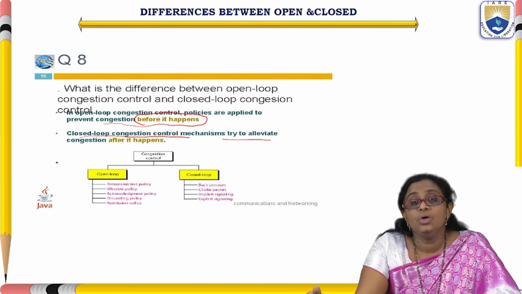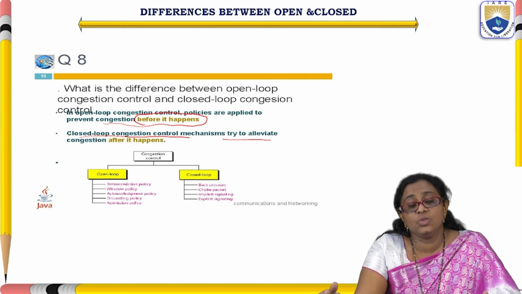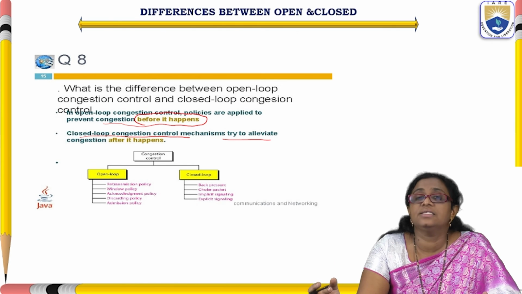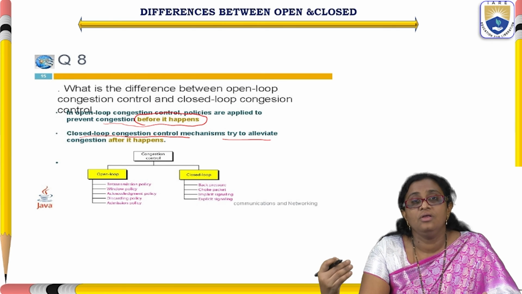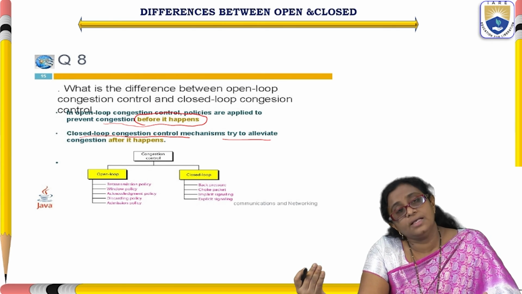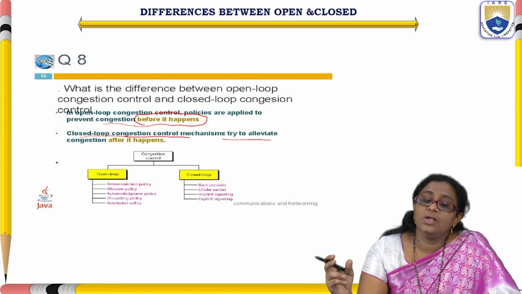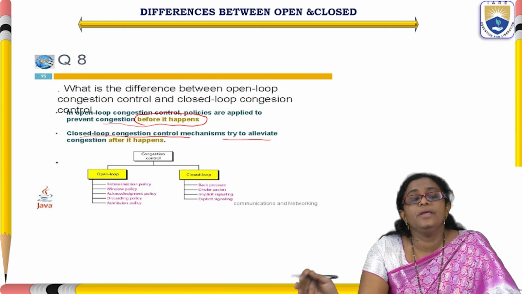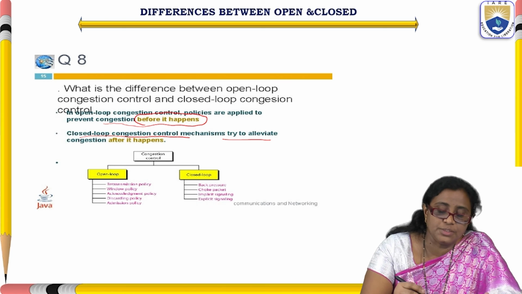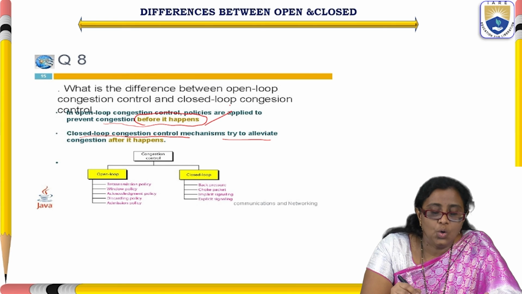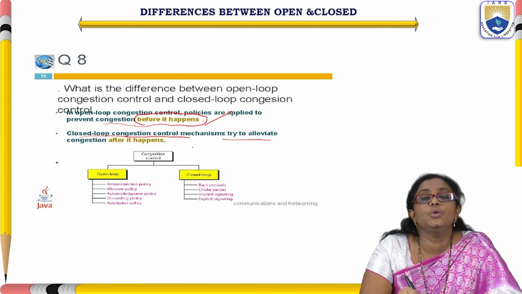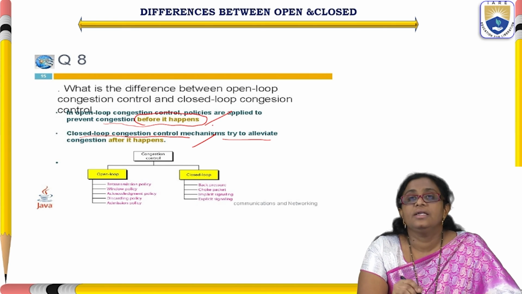That means they try to implement those congestion techniques and methods after the congestion or error is detected or has occurred. That is the main difference between the open loop and closed loop congestion control mechanisms.